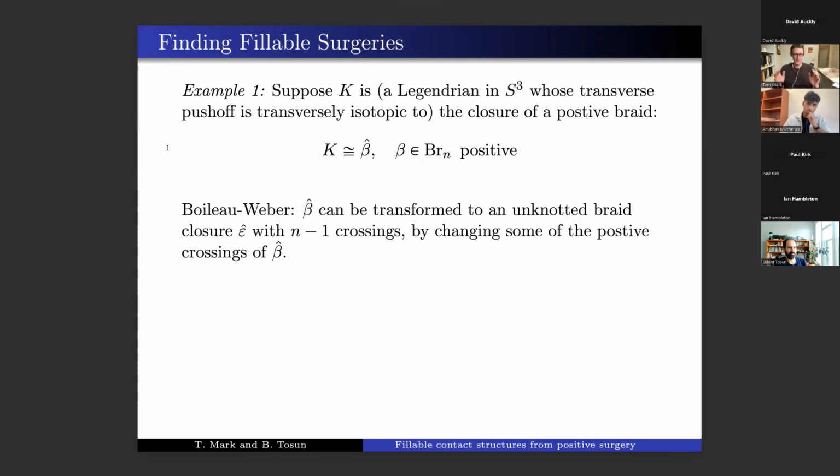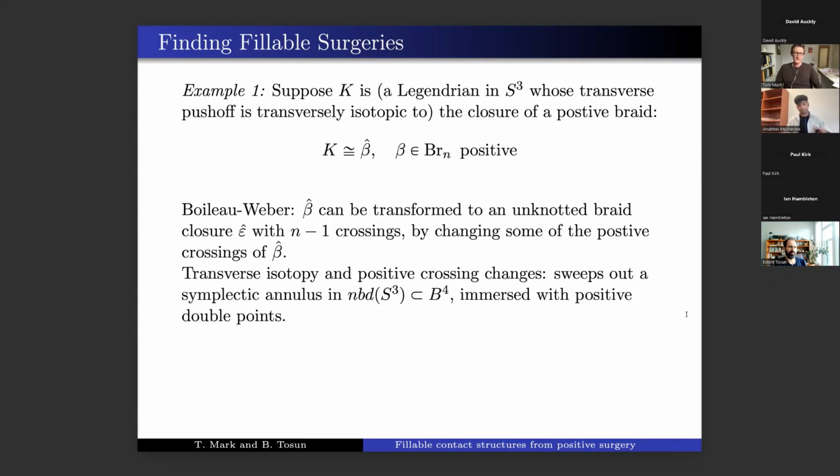You start with your positive braid diagram, then you can find a collection of crossings in that diagram with the property that if you change those positive crossings, you end up with a braid whose closure is unknotted and has n-1 crossings.